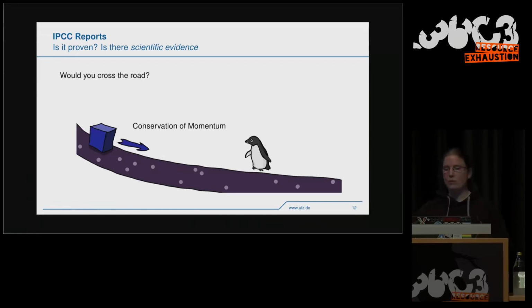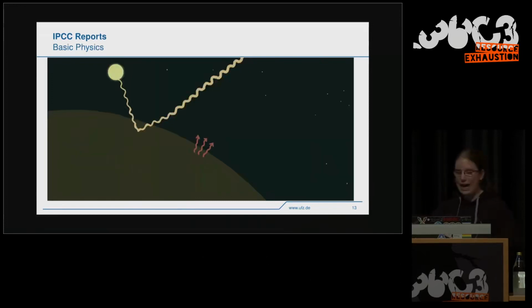And that's basically the same we do in the context of climate. So we have, let's say, just an Earth and the Sun. The Sun has some radiation, and that comes to the Earth and gets partially reflected, and the Earth radiates itself because it has some temperature.